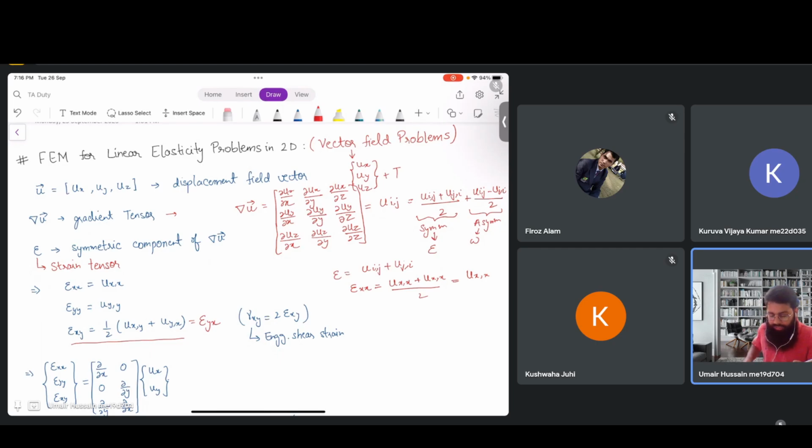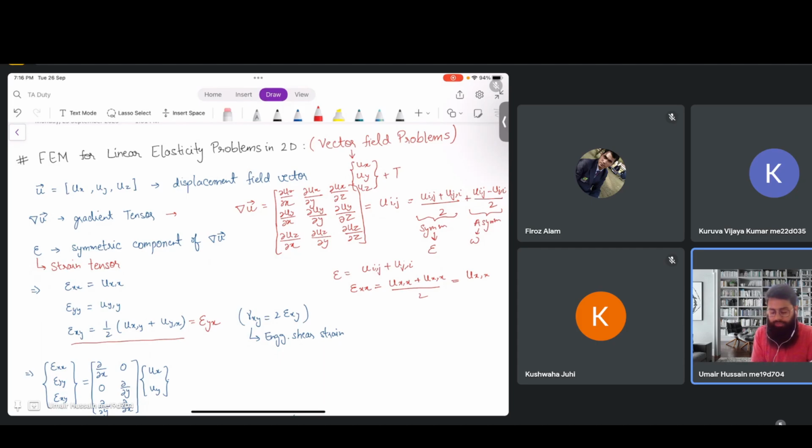So this epsilon_xy is basically half of the engineering shear strain. It is actually a shear strain, but it's similar to that, not exactly equal in magnitude to the engineering shear strain.